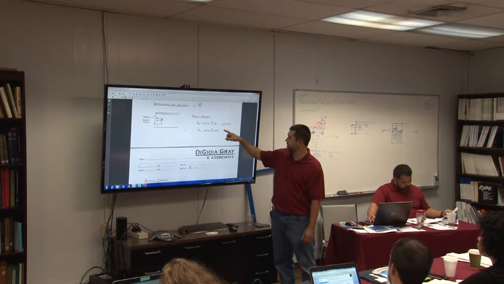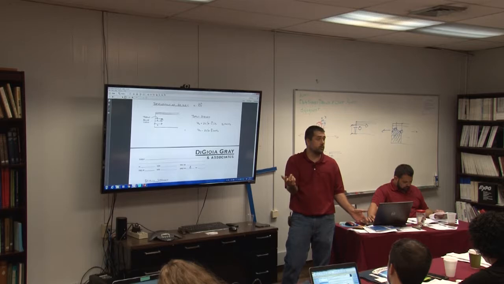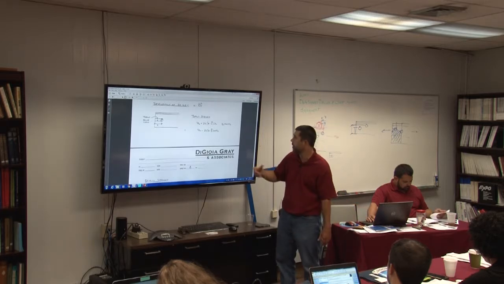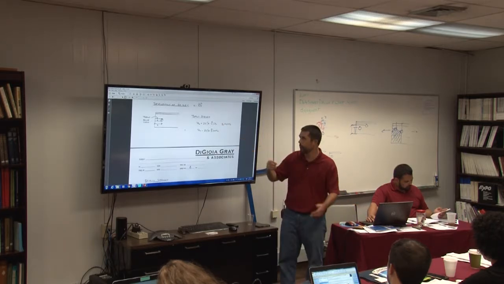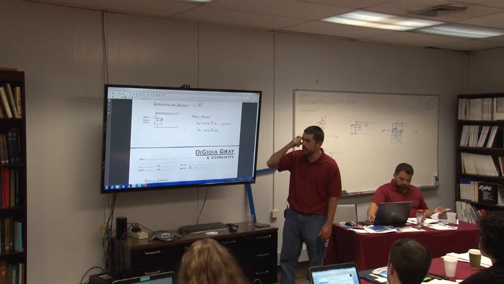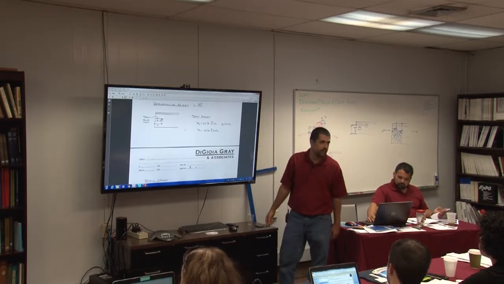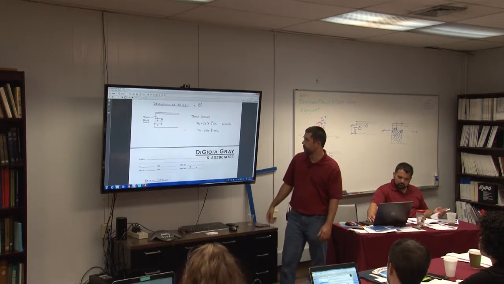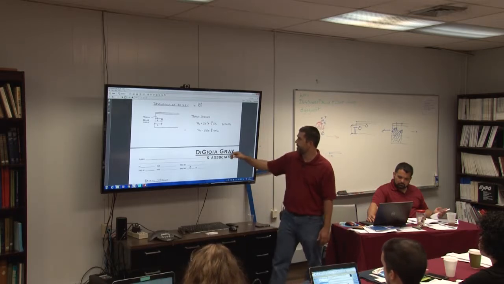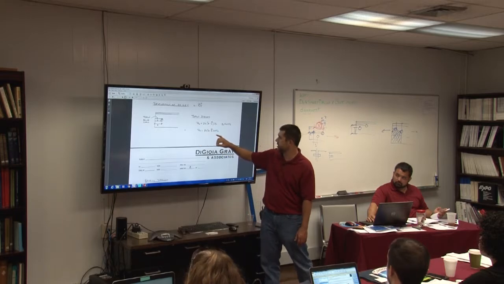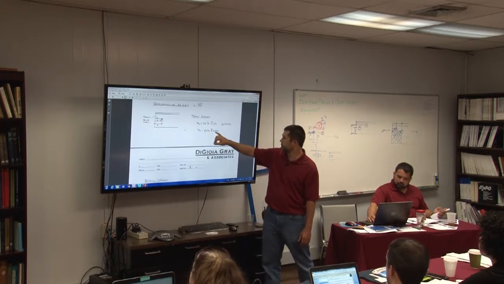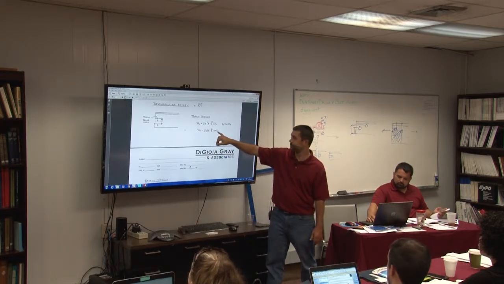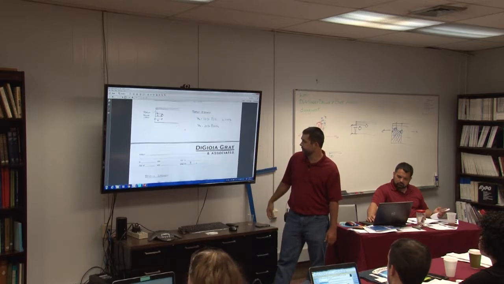If I approximate the shear strength as 70% of the ultimate tensile strength, I've used 60 before. For this example, 70% works out to be a better approximation, and that value can be anywhere from 0.6 to usually 0.7. Then I get an equation that relates tear out to rupture strength. So I can scroll down.